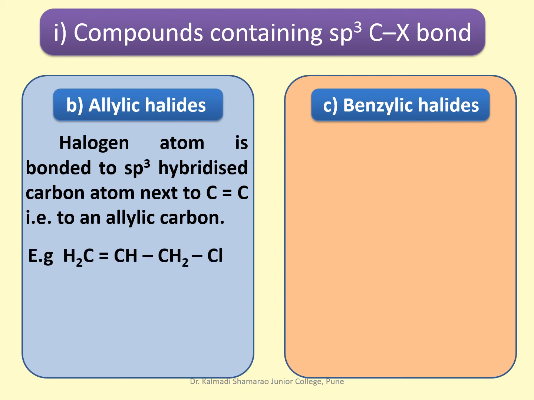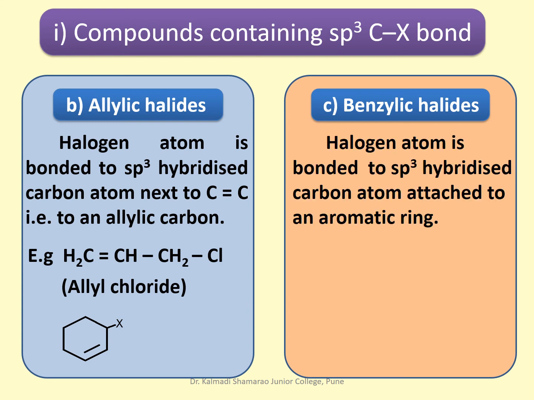For example, in this compound, chlorine is attached to sp3 hybridized carbon atom, a saturated carbon atom which is bonded to sp2 hybridized, that is a doubly bonded carbon atom. This compound is commonly called allyl chloride. One more example of allylic halide can be shown as this.